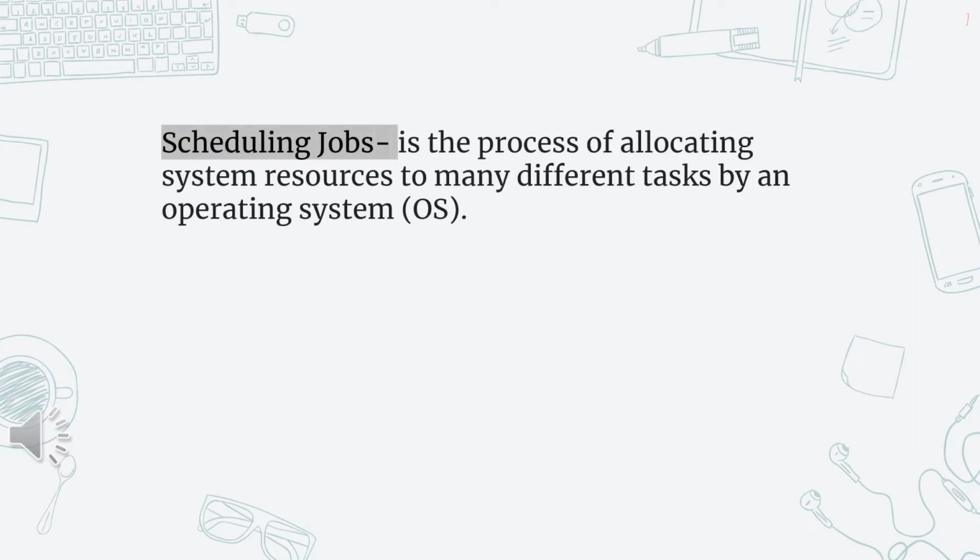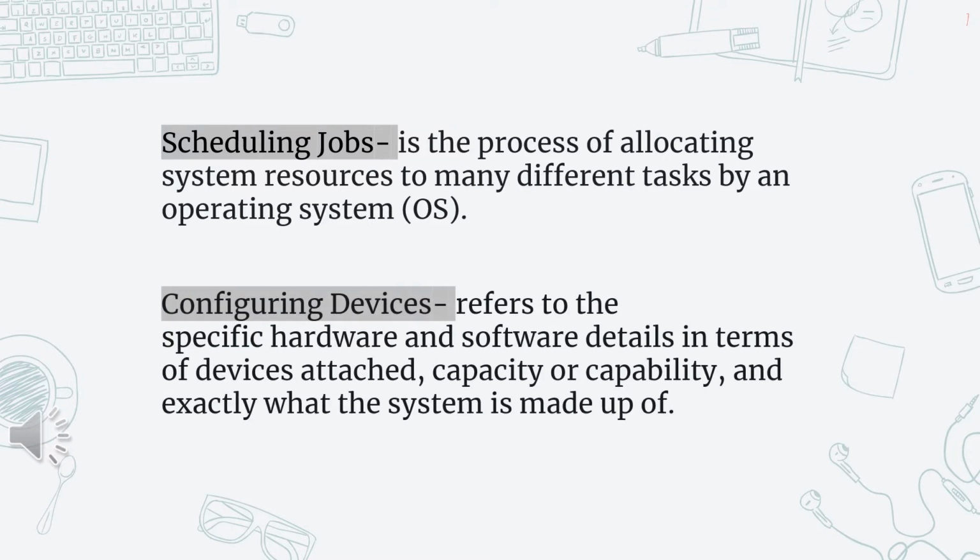Scheduling jobs is the process of allocating system resources to many different tasks by an operating system. Configuring devices refers to the specific hardware and software details in terms of devices attached, capacity or capability, and exactly what the system is made of.